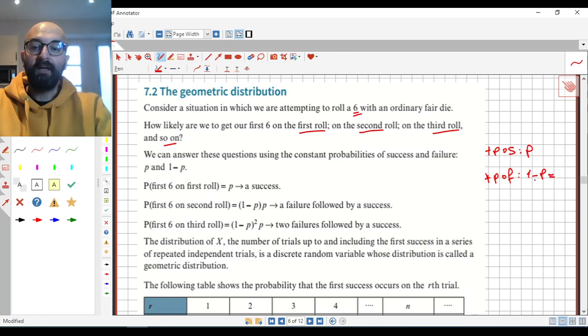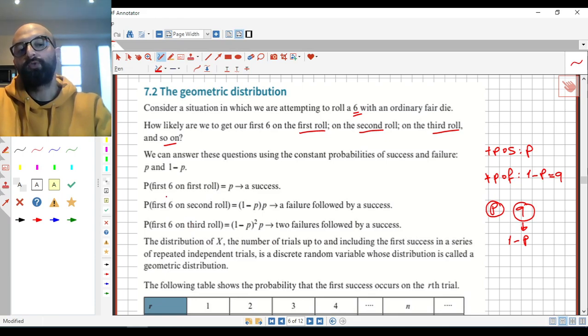Shortly, I can say 1 minus P is Q. P is the probability of success, and Q is the probability of failure, which is also 1 minus P. If you want to get a 6 in the first roll, the probability is P. If you want the first 6 on the second roll, you have to get failure on the first roll and success on the second roll.